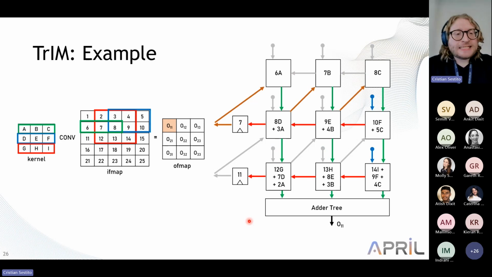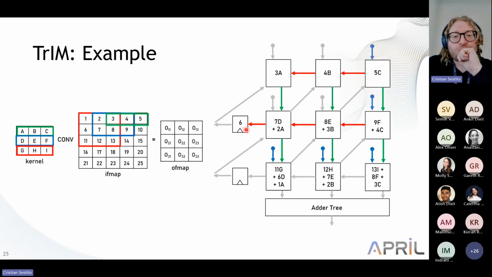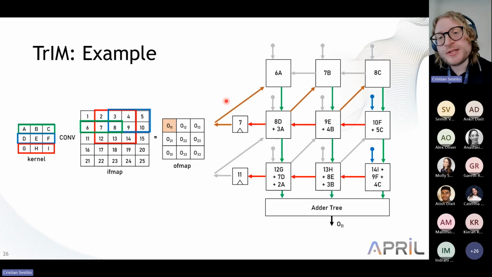Finally, in the next stage, when we move to the new row of the input feature map, we finalize the diagonal movement. So basically, the activations that were stored in this register and in these two processing elements, 6, 7, 8, are shifted to the top through the diagonal connection.